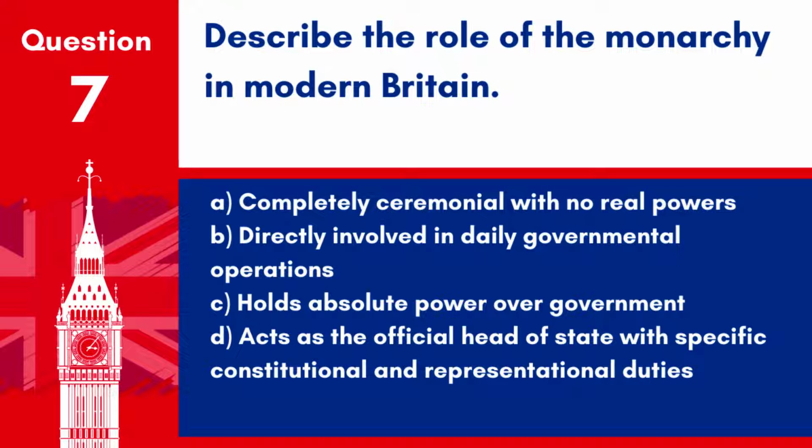Question 7. Describe the role of the monarchy in modern Britain. A. Completely ceremonial with no real powers. B. Directly involved in daily governmental operations. C. Holds absolute power over government. D. Acts as the official head of state with specific constitutional and representational duties.